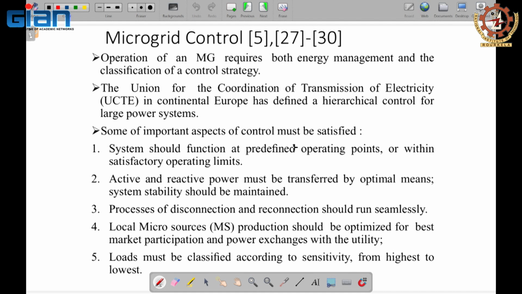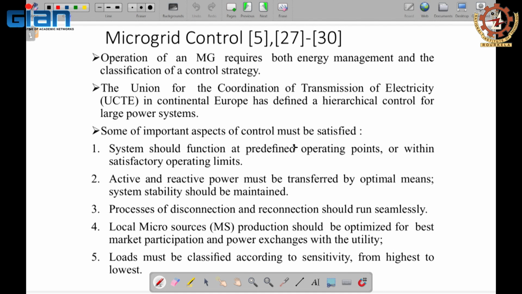When we are talking about the microgrid, the control aspect becomes more challenging as compared to a conventional power system, because in the microgrid you have generation which has uncertainty based on the weather condition.